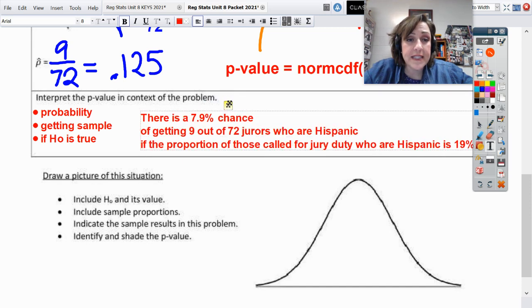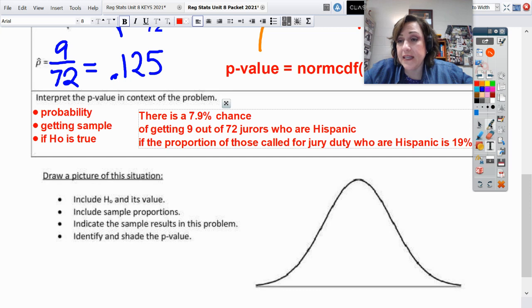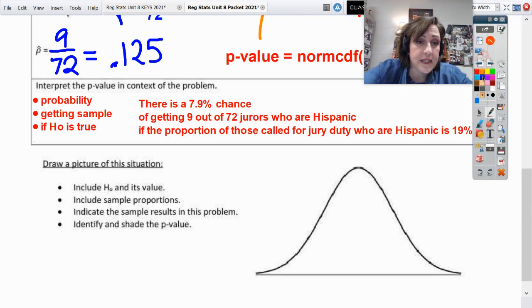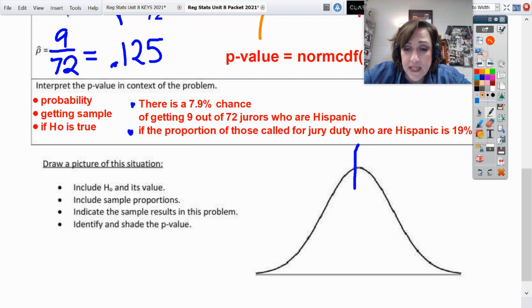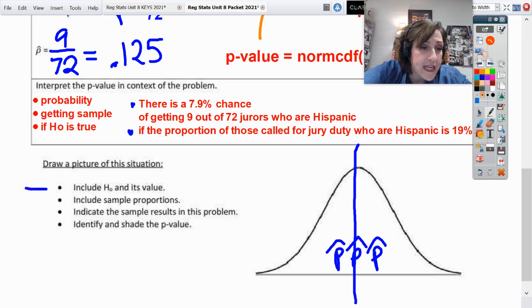So, in summary, oh wait, here we go. If the proportion of those called to jury duty is 19%, so that is telling me this. If the data is centered around 19%, in fact, we're going to draw this as we go along. Include H0 and its value. So I did.